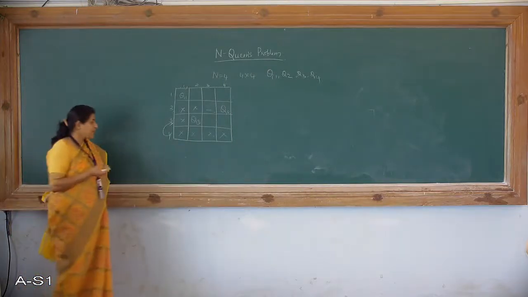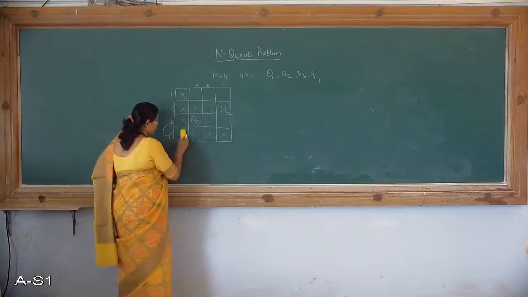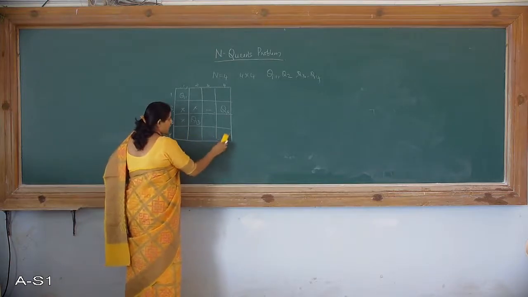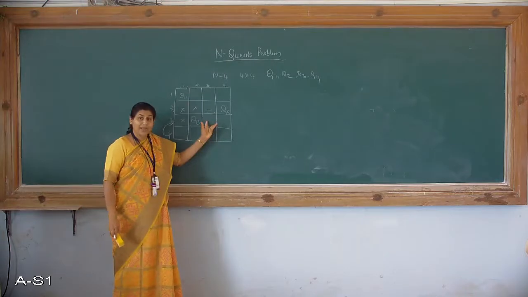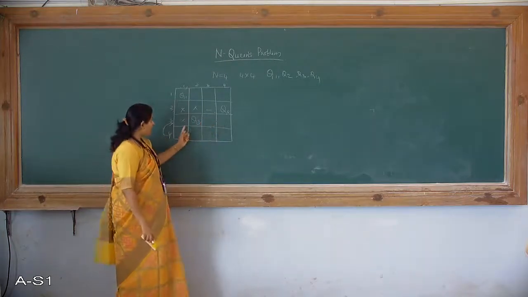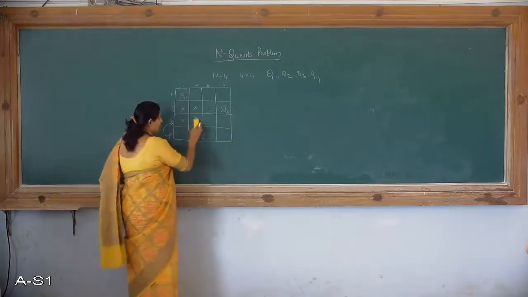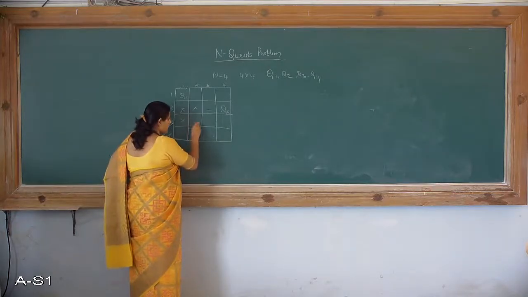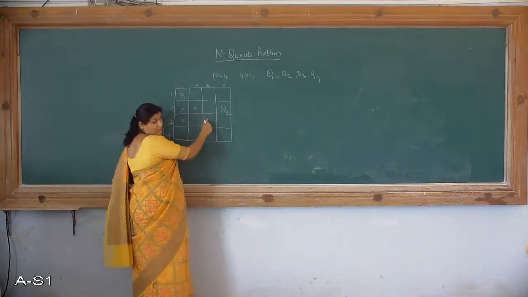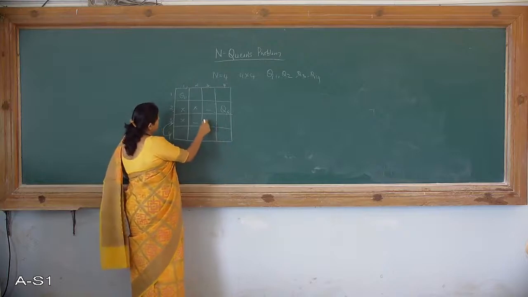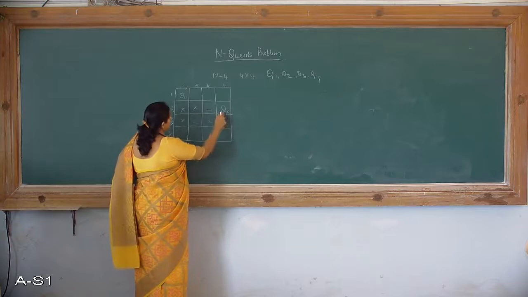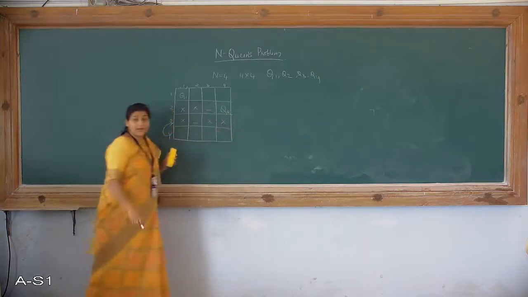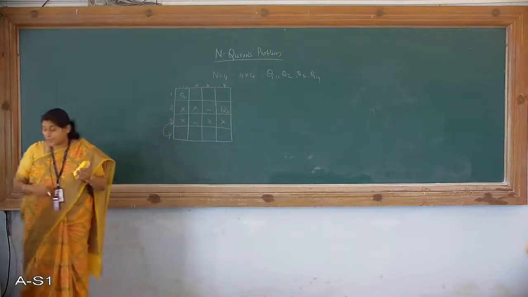Now, what happens when it is false? Can I move my queen 3? Yes, definitely there are 2 more spaces where I can move. From here, I have to move this because I couldn't place 4. Can I place my queen 3 here? No, because it is diagonal for both the elements, and not here also. So it means I cannot place my queen 3 here.